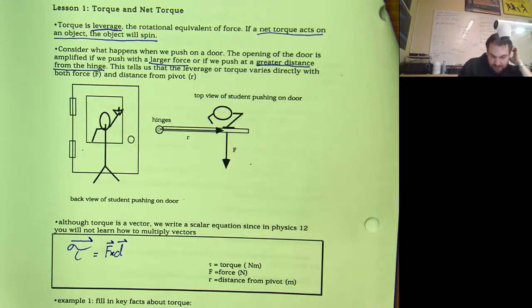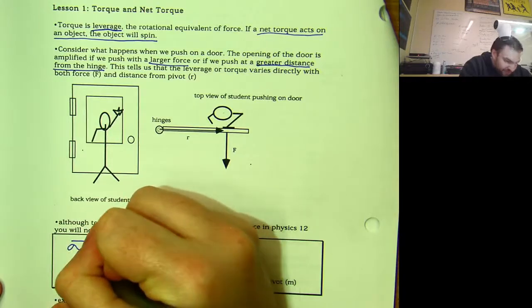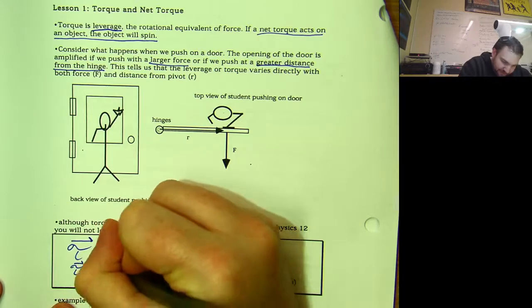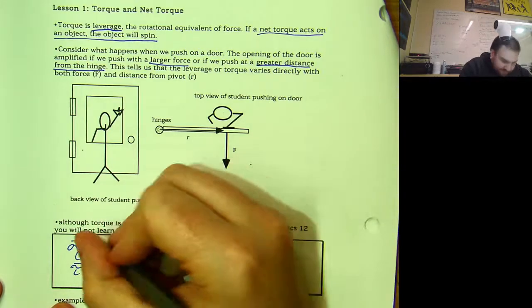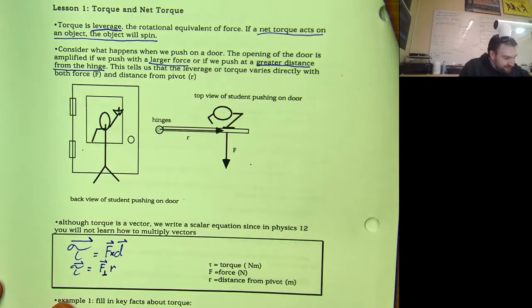Now this is not a mathematical expression that we know how to deal with. That's okay. Instead we're going to use this one here. Torque is equal to F perpendicular times R, the distance.